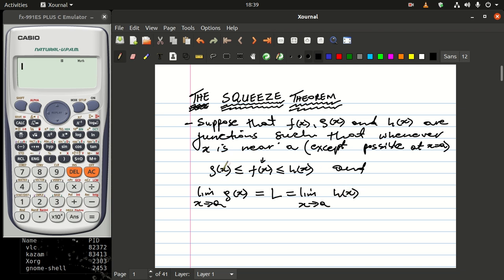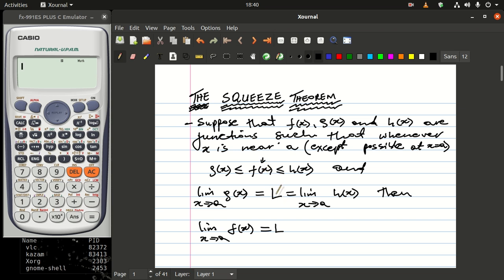Remember, this function is always below f and this function is always above f, but the limits of the two are the same. The squeeze theorem is saying that the limit as x approaches a of the middle function f of x must also be equal to L. The reason is this: if this value is 1, for instance, and this one is 1, this value here is also forced to be 1, because the value between 1 and 1 is 1.